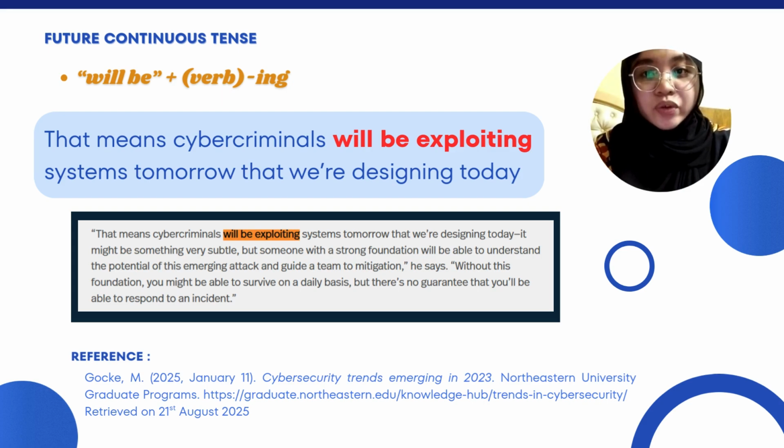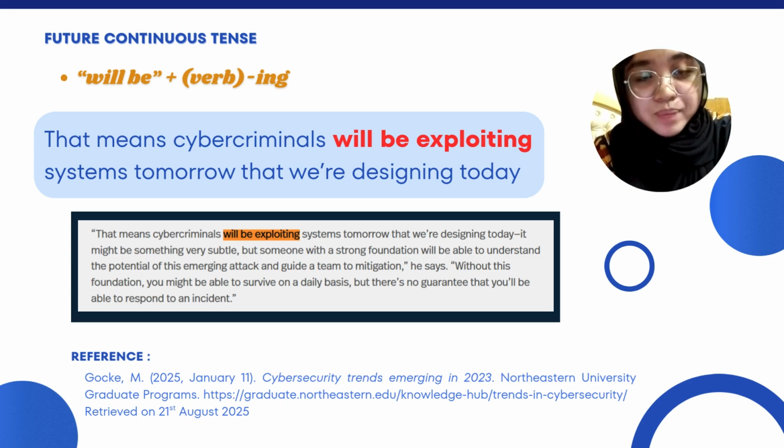Now, let's take a look at the example right here. That means cyber criminals will be exploiting systems tomorrow that we're designing today. In this sentence, we can see that there are the words will be followed by a verb with ing, which is exploiting.